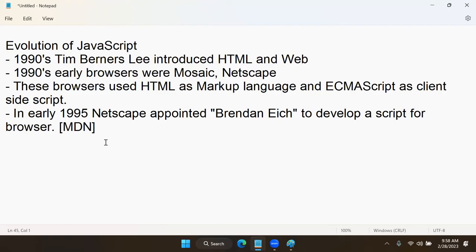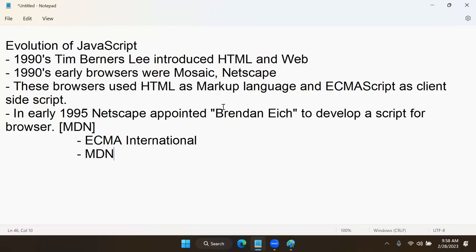Because JavaScript follows the standards of ECMA, and JavaScript is developed by Brendan Eich, who is the head of this developers group, MDN. So for correct information on JavaScript, follow ECMA International and MDN. These two are the official sources for JavaScript.